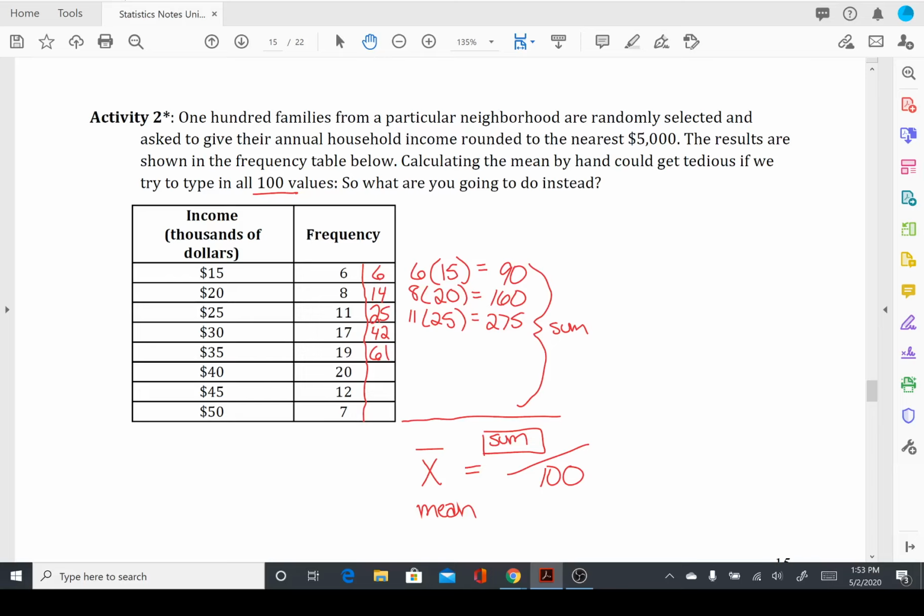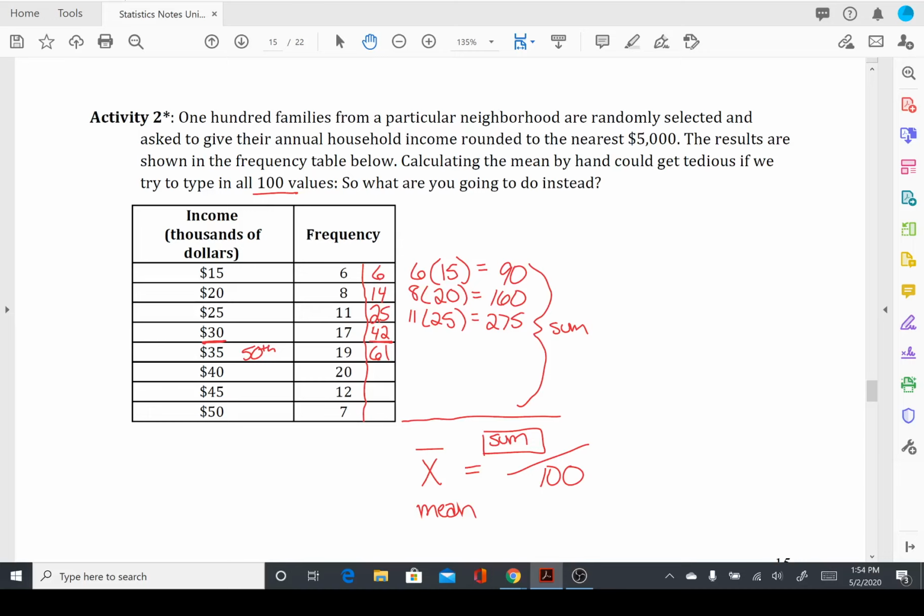When we had finished with the folks making 30,000, we were at the 42nd person in line. That means that 8 people in, we had 35 written 19 times. The 8th 35 was the 50th percentile. So there's your 50th person, or the middle.